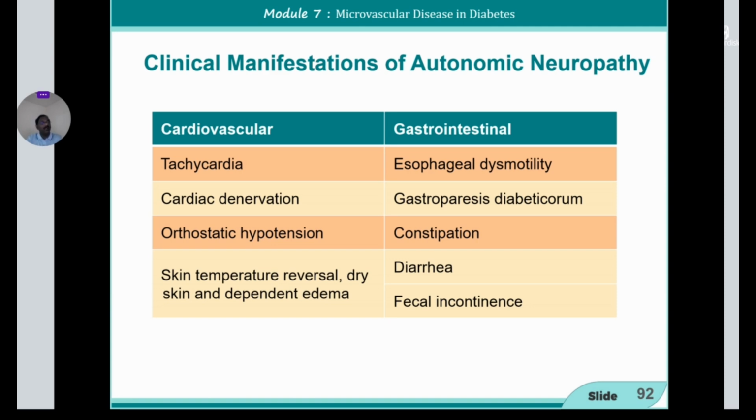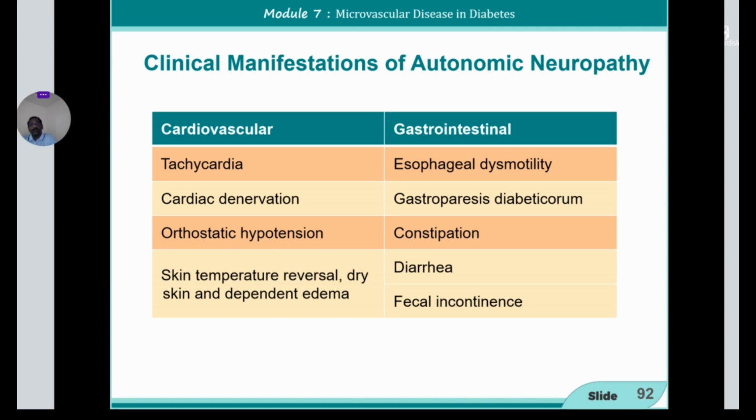So check the heart rate, which will be higher. This is very common here, and also your Valsalva maneuver: heart rate variation during breathing, heart rate variation during posture, heart rate variation during the Valsalva maneuver. All these things can help you decide whether the patient has cardiovascular autonomic neuropathy or not.